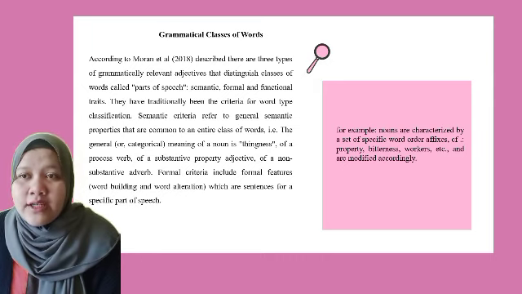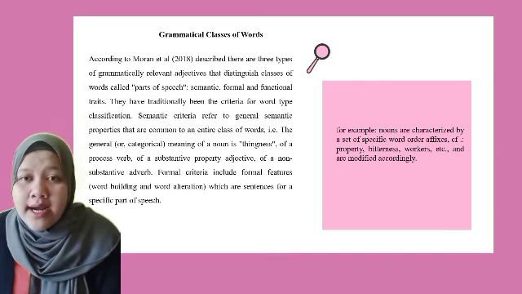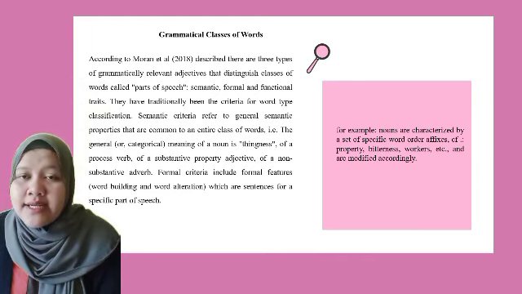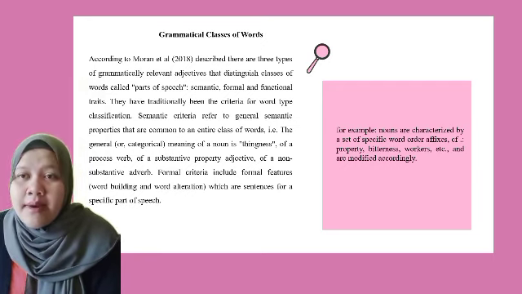Formal criteria include formal features of word building and word alteration, which are specific for a part of speech. For example, nouns are characterized by a set of specific word-building affixes, for instance, property, bitterness, workers, and so on. And they are modified accordingly by category of number, case, determination, and articles, for instance, male, M-A-L-E.